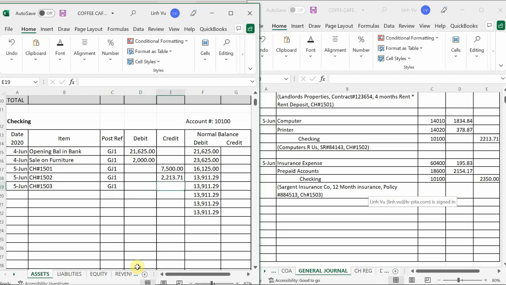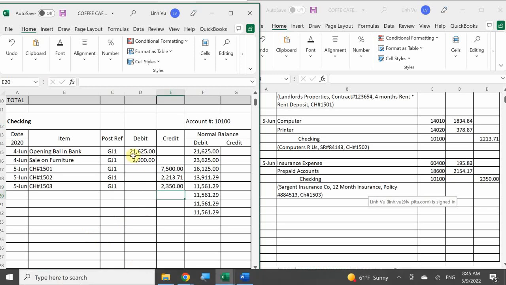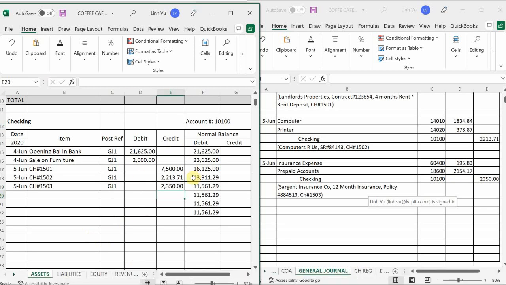We subtracted money, so we're going to be crediting our account for $2,350. So then therefore, my running balance, because I have my formula in here, since I'm decreasing my cash flow, I wrote a check for $2,350. It decreased my account from $13,000 to $11,561.29.